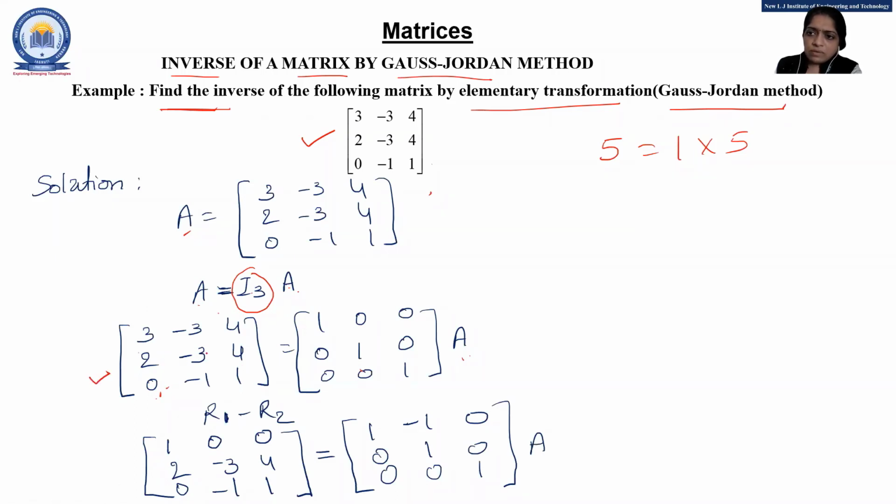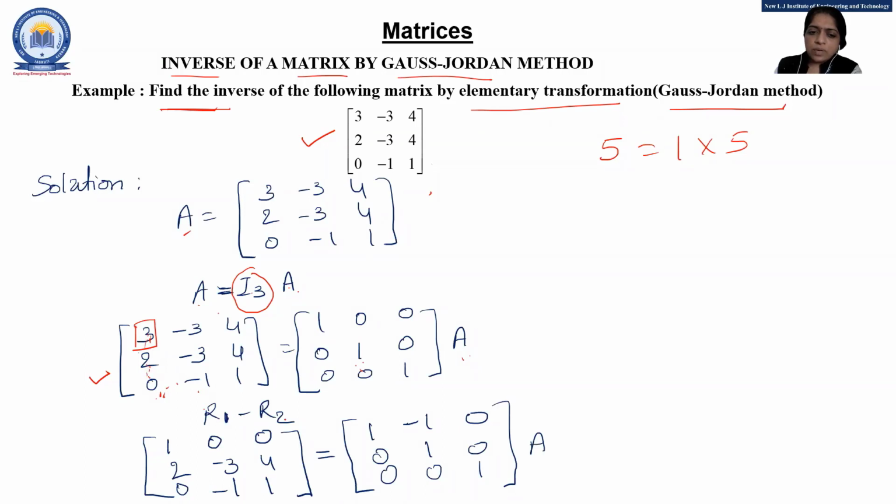And for that, whatever operation I do on the left hand side, the same operation I will do on the right hand side. Okay, so let's start. First, I want to convert this 3 into 1. So I'm doing R1 minus R2, because 3 minus 2 is 1.